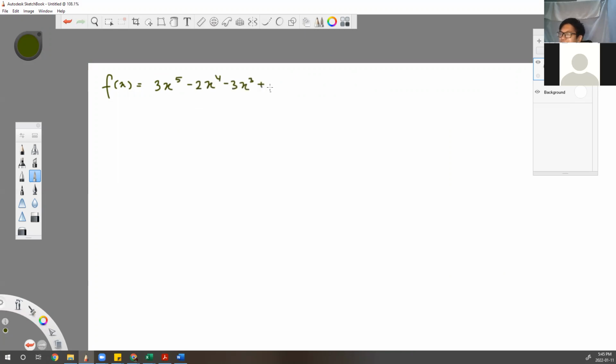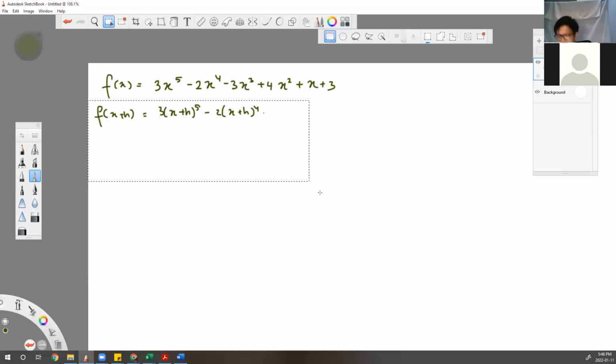I cannot imagine how to solve this easily with the formula, the first principle. Can you imagine f(x plus h)? How to solve this? And so on and so on and so on. It will waste your time. So we do the shortcut. Here will be the shortcut.